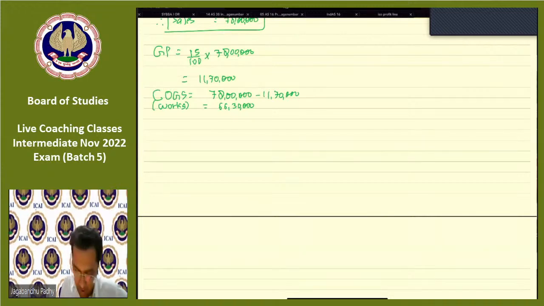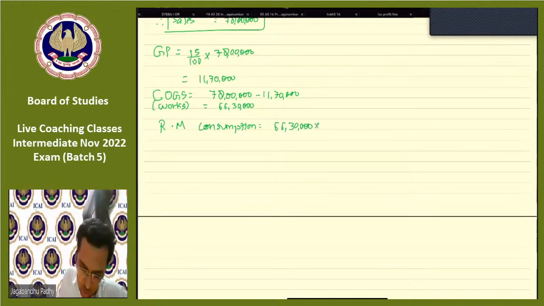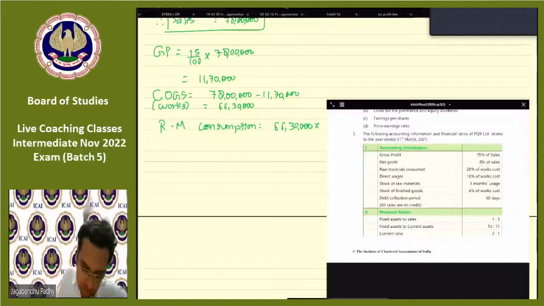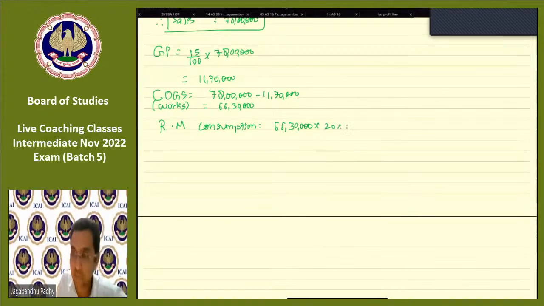So I can get my raw material consumption. Raw material consumption is 66 lakh 30,000 into 20%. Raw material consumption is 13 lakh 26,000.